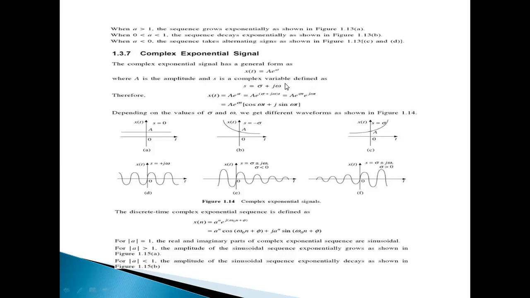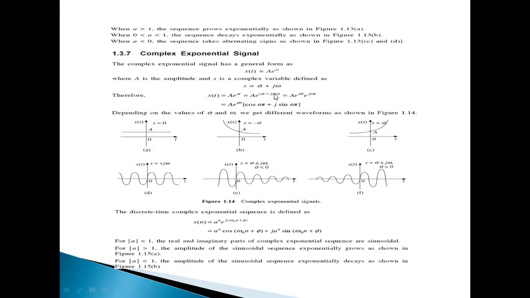Sigma is the real axis and omega, the angular frequency, is the imaginary axis, nothing but the y axis. Therefore x of t is A into e power st. Substitute s as the combination of real and imaginary parts, sigma plus j omega, into t.